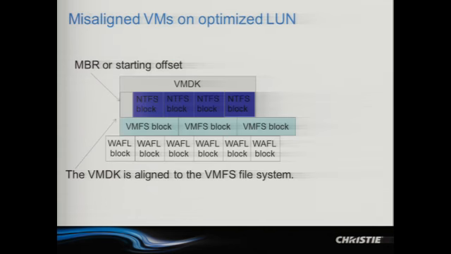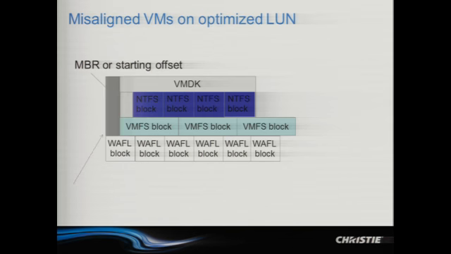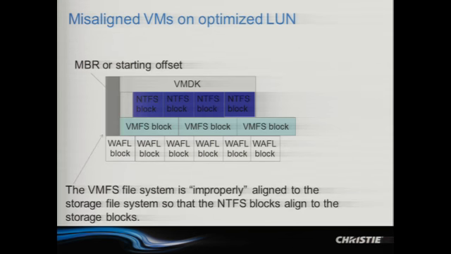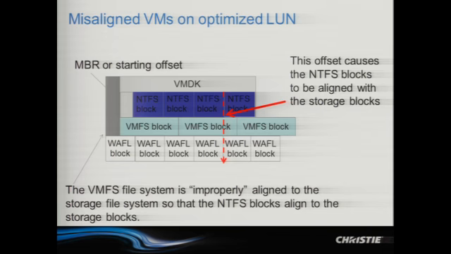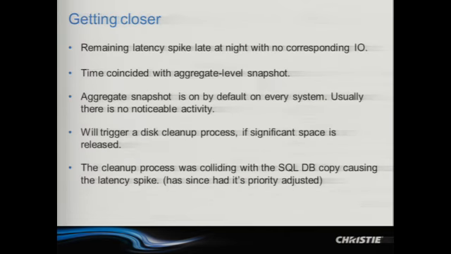So what we actually do is, you see here, we shift the VMFS file system over just enough so it doesn't line up quite right on our storage subsystem. But what that allows us to do is, if you take a look at the actual blocks inside the VM, now they line up properly to the storage system. So without shutting the VM off and leveraging VMware Storage vMotion, we can move the VM into one of these optimized LUNs, and we can eliminate the misaligned problem.